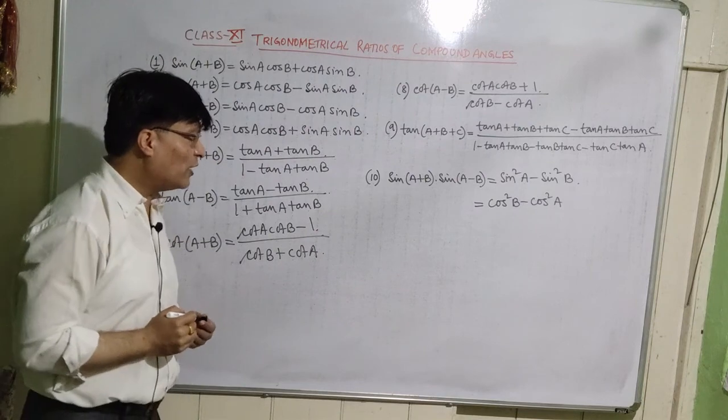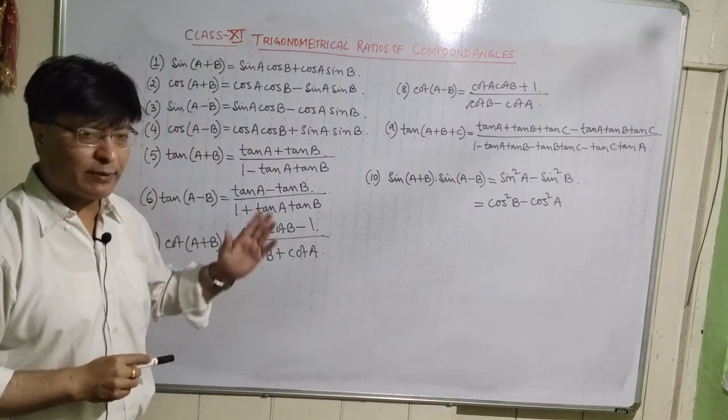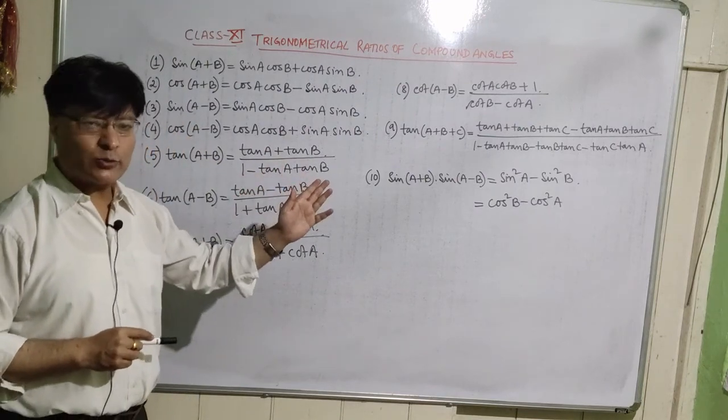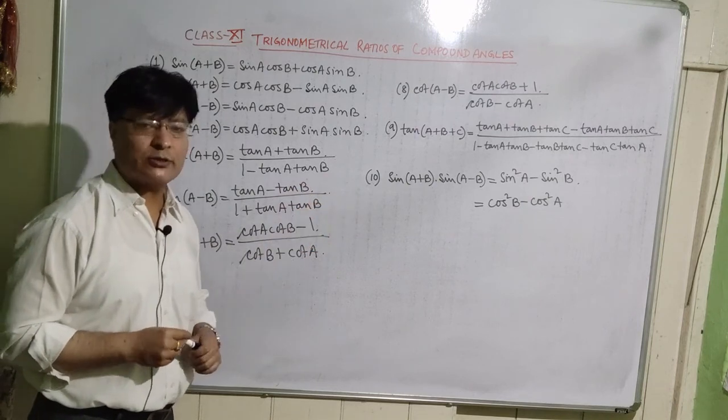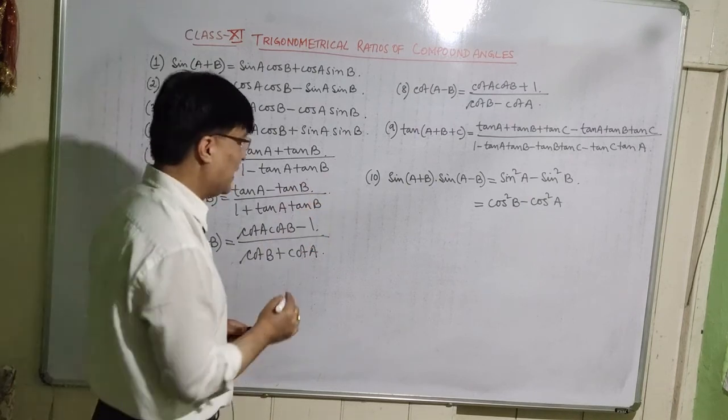So there are two formulae for sine of A plus B into sine of A minus B. That is, one is sine square A minus sine square B, and the other one is cos square B minus cos square A, right?